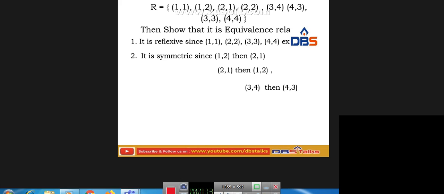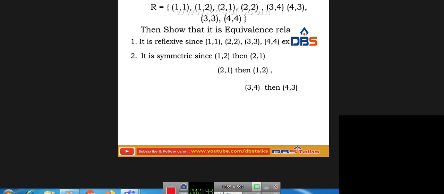The property of reflexive is (x, x) belongs to R. Symmetric is (x, y) belongs to R, then (y, x) belongs to R. Transitive is (x, y) belongs to R and (y, z) belongs to R, then (x, z) belongs to R. So now I have to check.